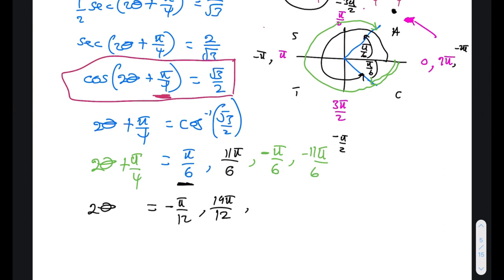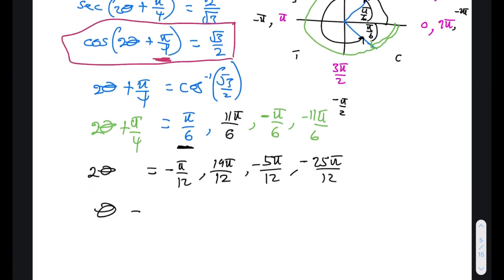Okay, and then the next one is negative pi on 6 minus pi on 4, and that will give us negative 5 pi on 12. Finally, we have negative 11 pi on 6 minus pi on 4, and that will give us negative 25 pi on 12.